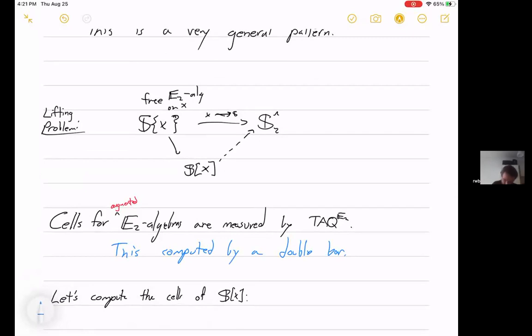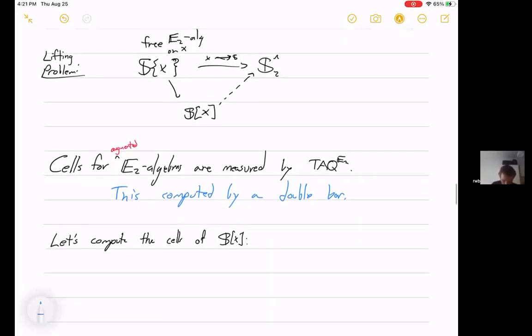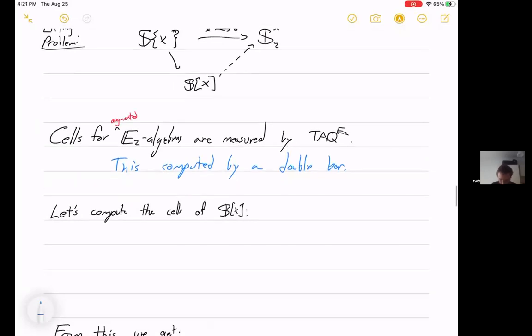If you're curious, the whole way of measuring cells for augmented EN algebras falls under the header of Koszul duality and iterated bar constructions, which give a duality between EN algebras and EN coalgebras. But I'm going to keep things pretty low-tech today and just move forward from here.